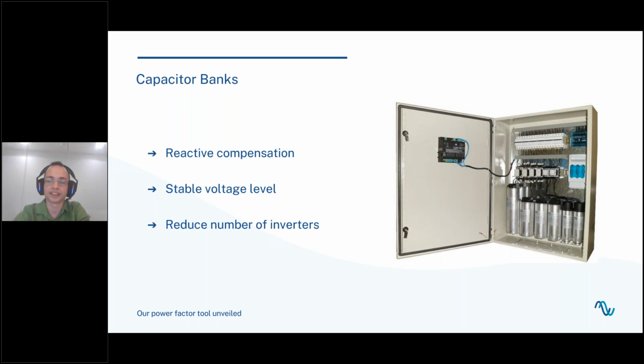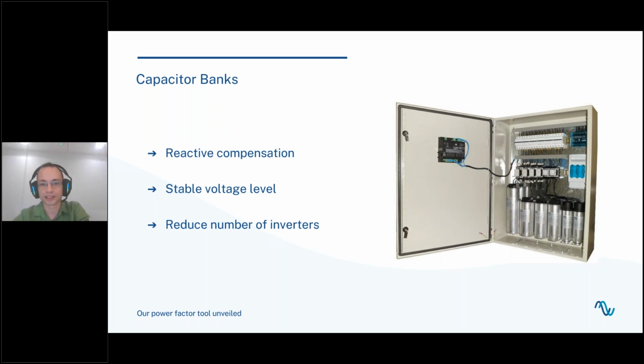They inject reactive capacity into the grid, correcting the power factor. They are also used for stabilizing the voltage level in the PV plant and in the grid. And due to them, we can reduce the number of inverters.